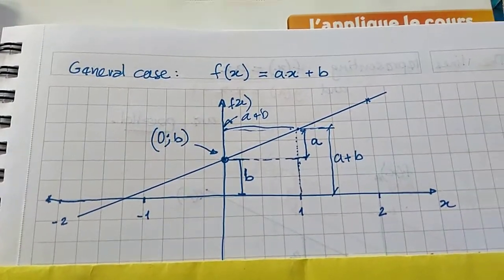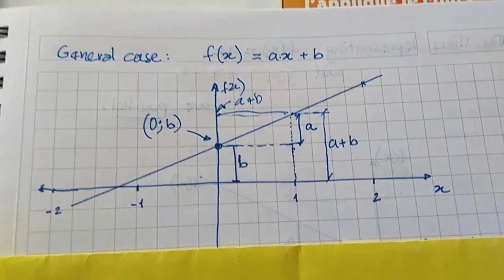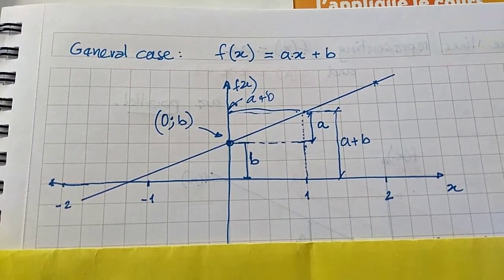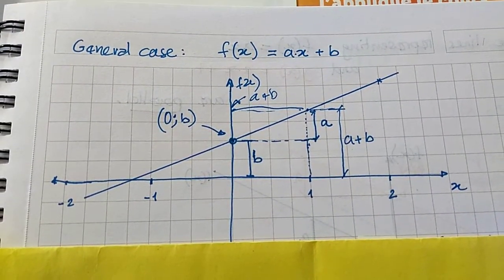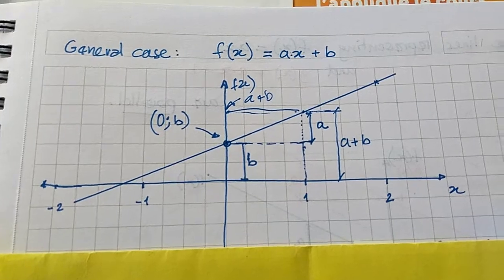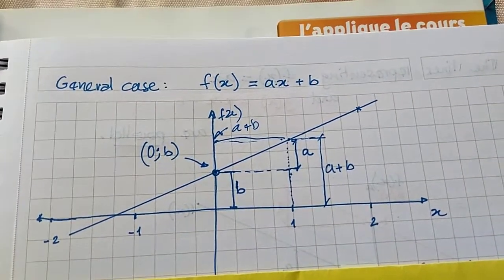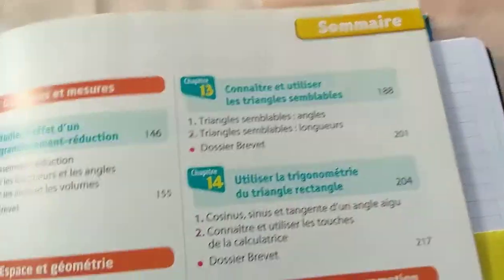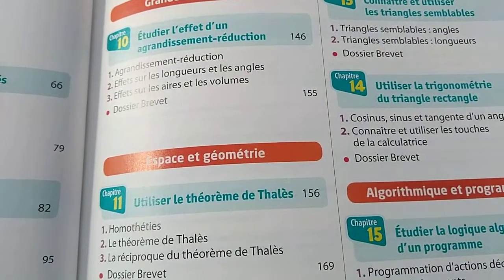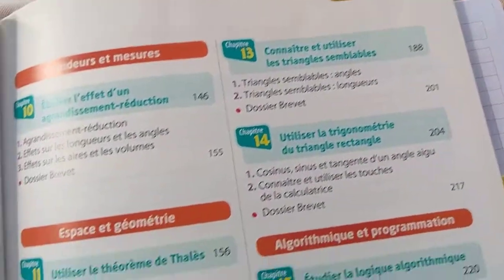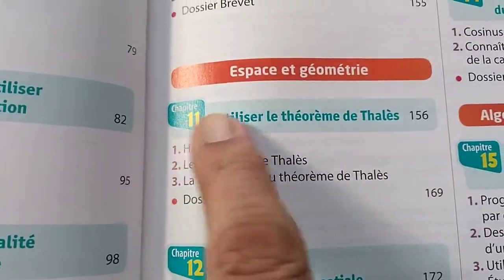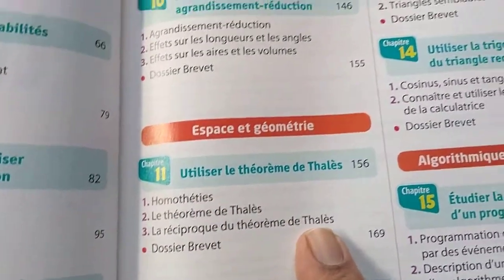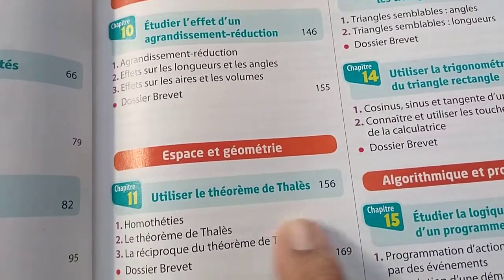There are actually 2 more chapters in this book that I would have loved to cover. That is one of them, the Thales theorem, the Thales de proportionnalité, and the chapter on trigonometry. In fact, let's find out which chapters they are here. Yes, this is chapter 11, Utiliser le théorème de Thales.